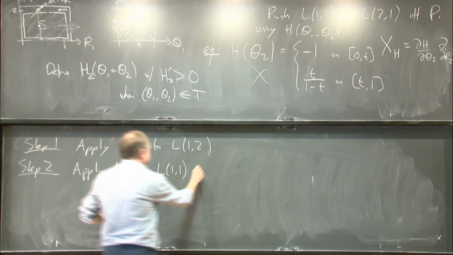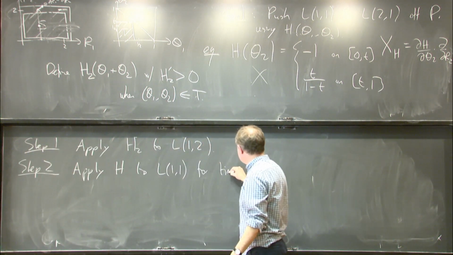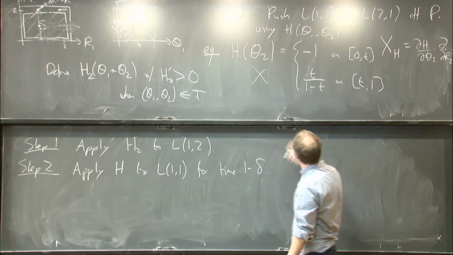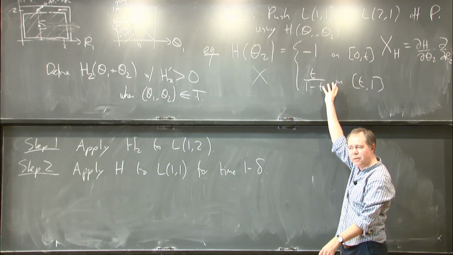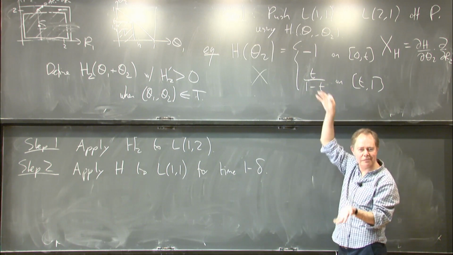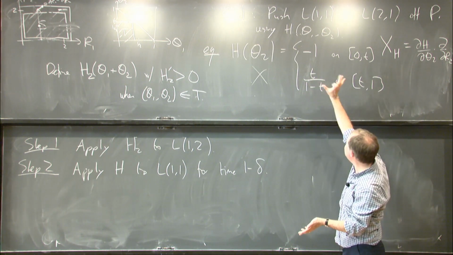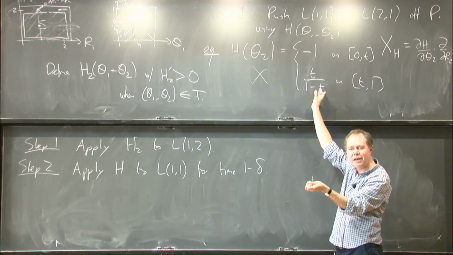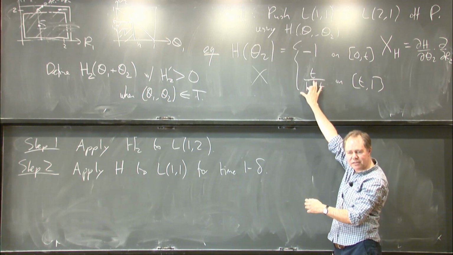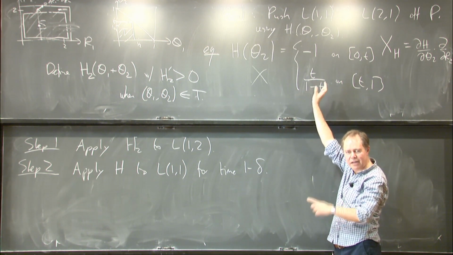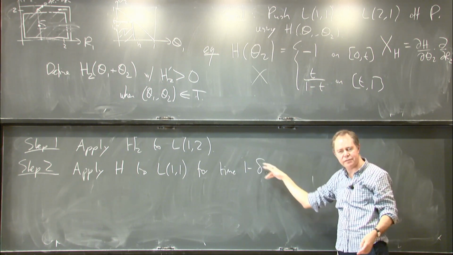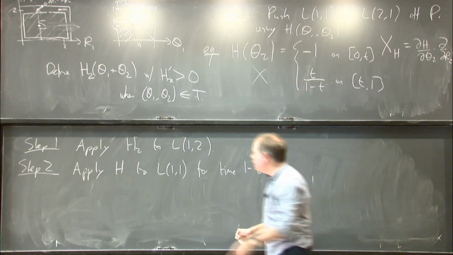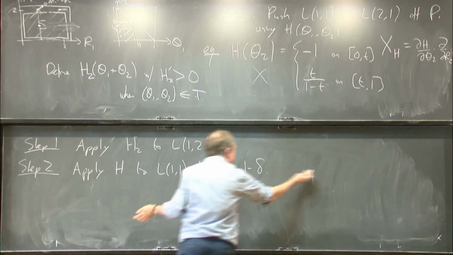But you can apply this for almost all time, exactly until this number gets close to 1. Well, I'm using t for two things at once here. Anyway, you can apply this Hamiltonian for almost all time until the thing moves up distance 1, which would be just short of time 1.